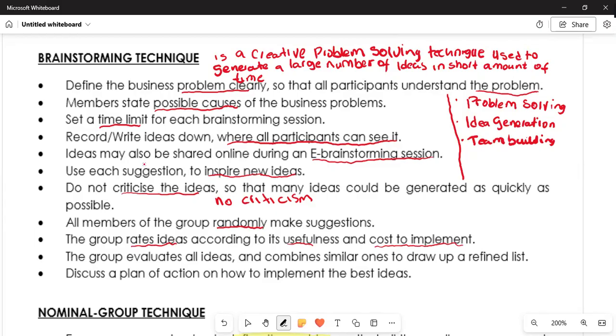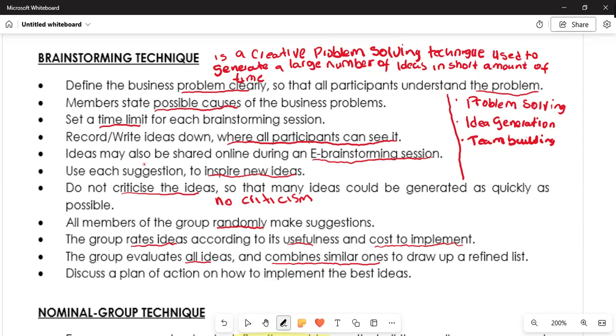The group evaluates all ideas and combines similar ones to draw up a revised list. They try to see the ones that are similar and group them together.